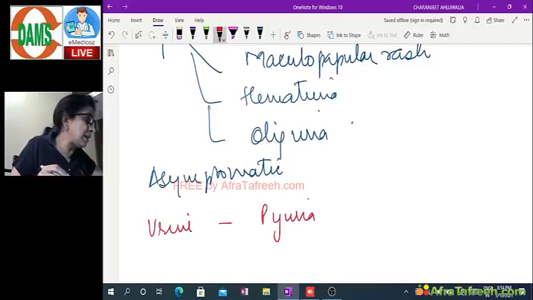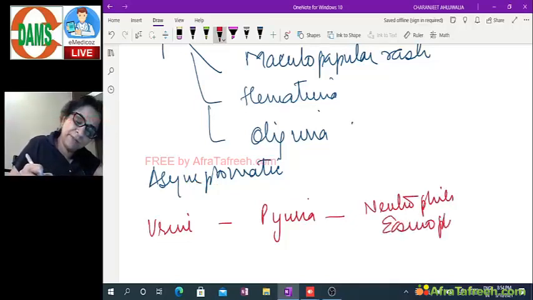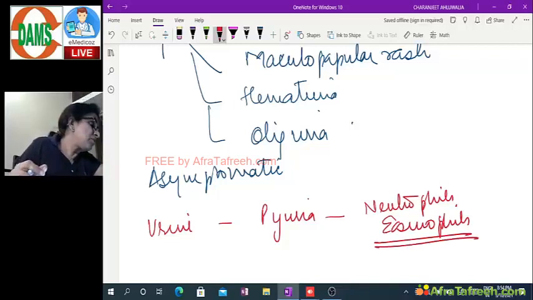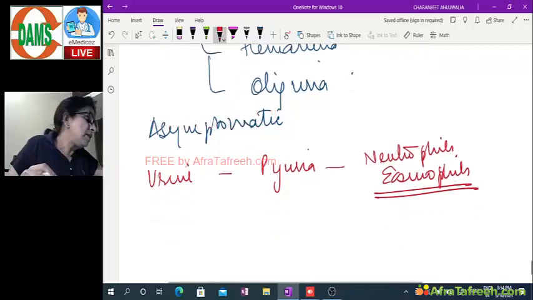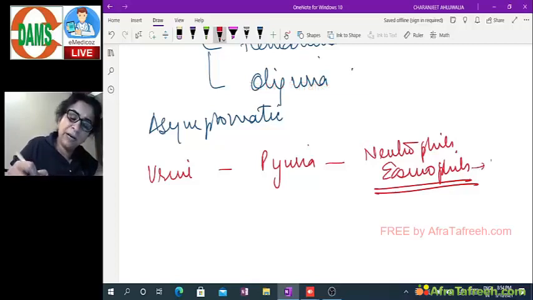So the urine has neutrophils, WBCs, and very important, eosinophils. How will you see eosinophils in the urine? By Wright stain.